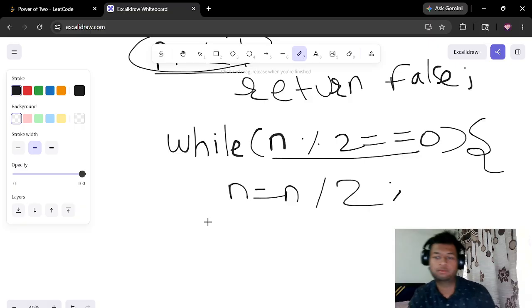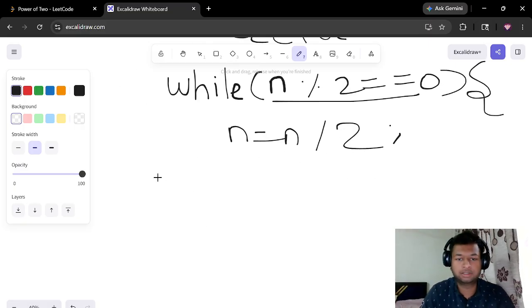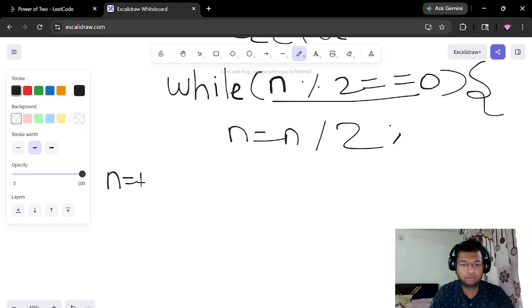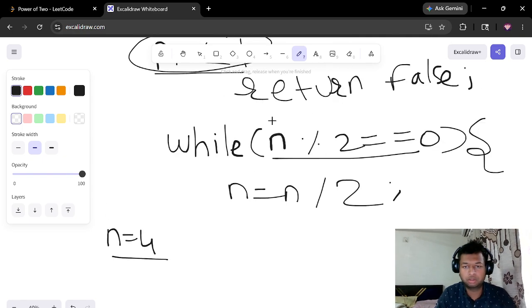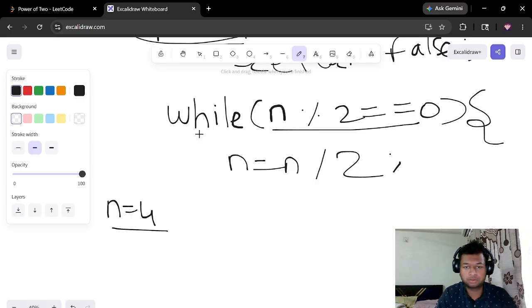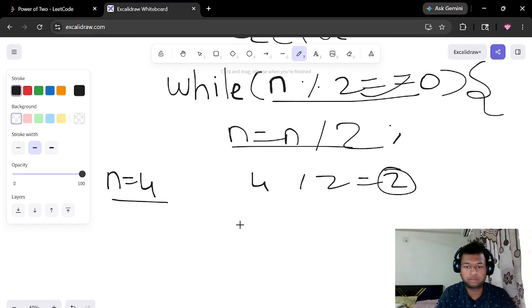Why did I write this? Let's say our n is 4. For 4, the if condition does not match, so it comes to the while loop. It is divisible by 2, so it will do 4 divided by 2, which will be 2. So n is 2 here. Again the while loop will run, this condition also matches for 2, so it will run 2 divided by 2, which will be 1.